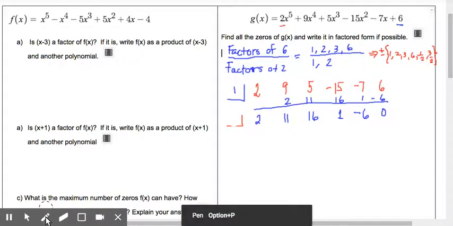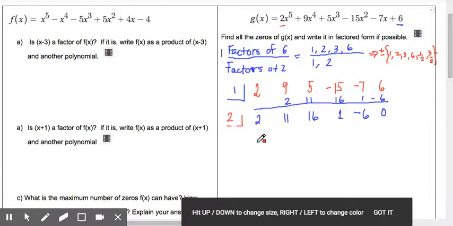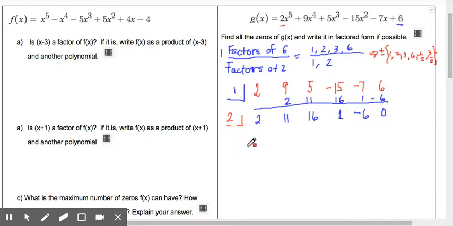Okay. So let's try 2. Oh, we should try negative 1 as well, but okay, we can try it later. So for now, let's try 2. So bring down 2. 2 times 2 is 4. 11 plus 4 is 15. 2 times 15 is 30. 16 plus 30 is 46.